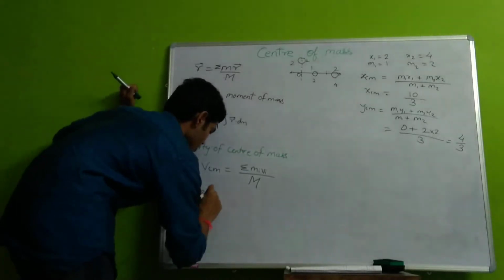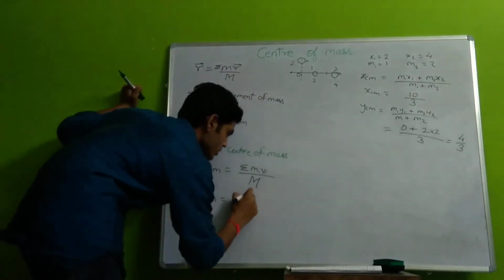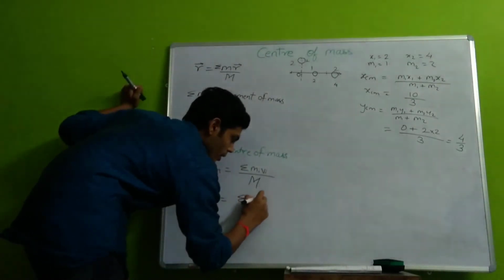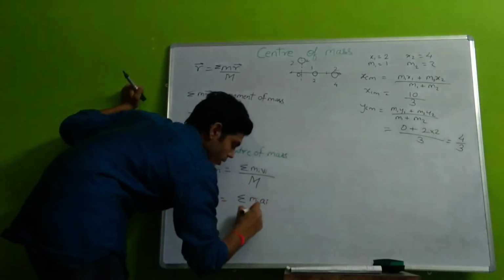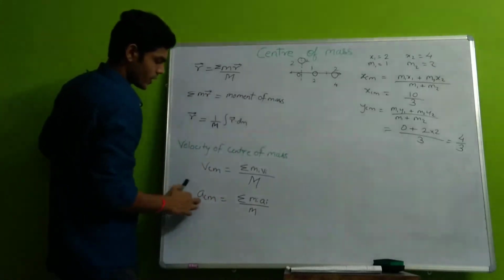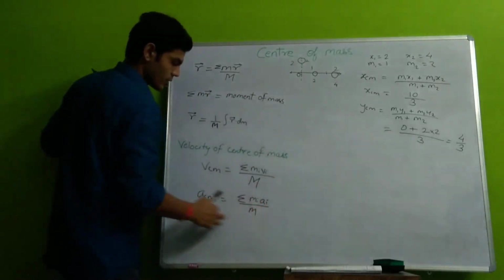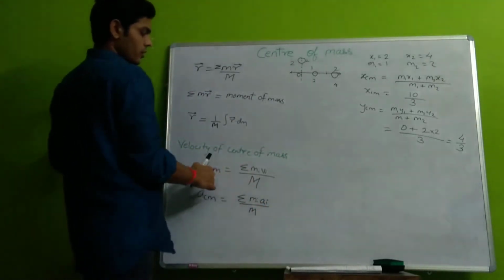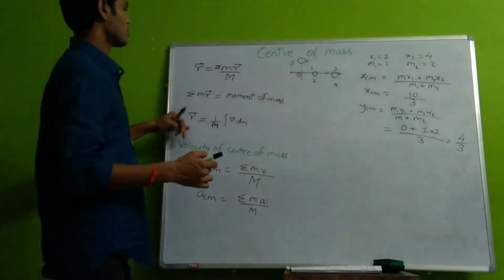Similarly, acceleration will be the summation of m_i a_i upon M. So this is the center of mass acceleration, and this is the velocity of the center of mass.